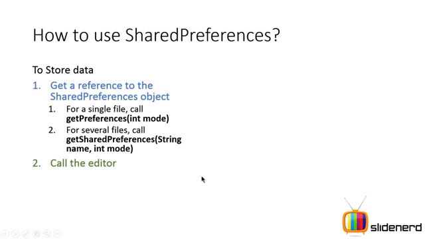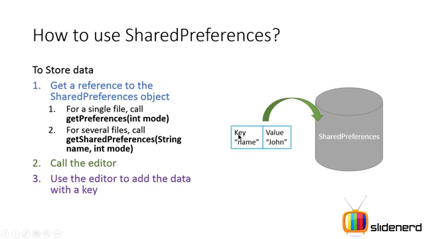There is an object called SharedPreferences.Editor, which is responsible for doing all the updates, which means adding the data. So you can use the editor to add whatever data you want with a key. For example, you can have key as name, value as John, put that inside, and then commit the changes inside the editor. Very shortly you will know why we need this key.